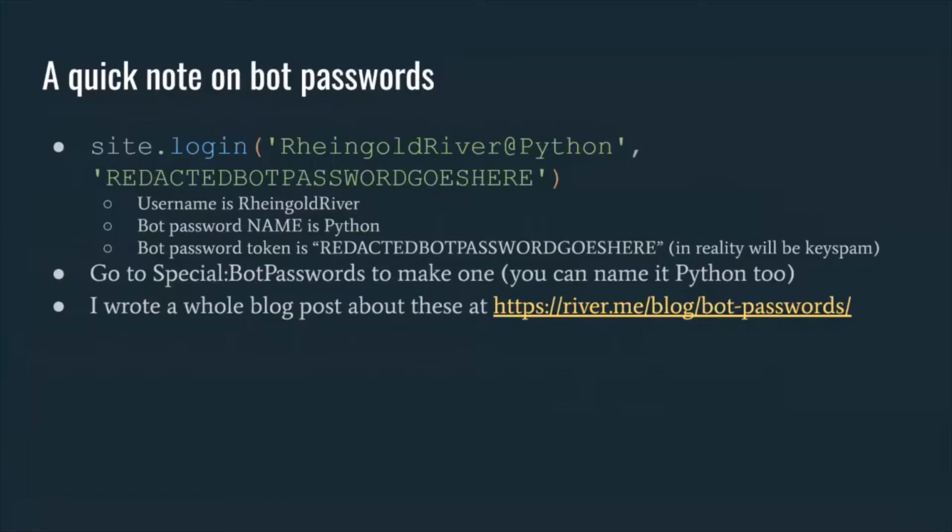I think there's a PR open to the repo right now to make it support OAuth. I'm not sure how good its OAuth support is, but it may support it. I have a blog post about bot passwords that you can read, but I'm not going to spend more time talking about it right now.